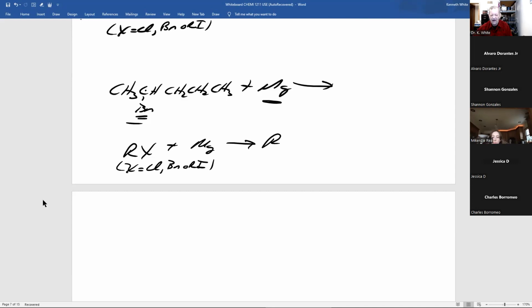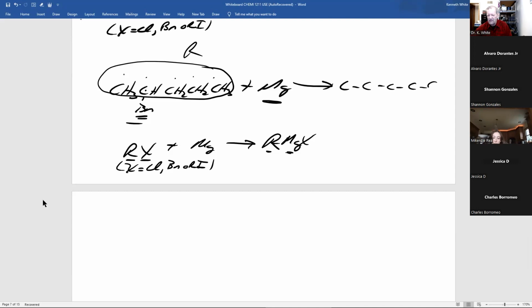And you make a Grignard reagent where the carbon with the halogen is the carbon the magnesium halide is attached to. What's my R group? This. Do you break carbon-carbon single bonds? No. So we have 1, 2, 3, 4, 5 carbons. I better end up with 5 carbons.